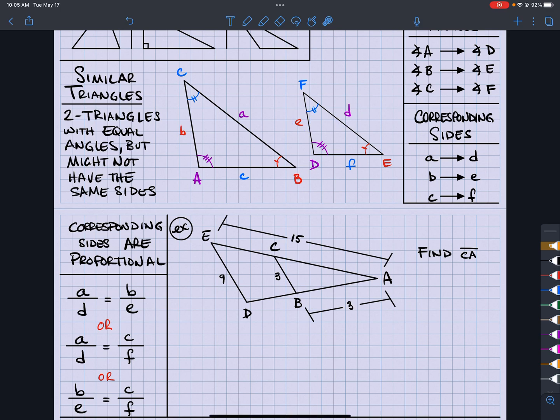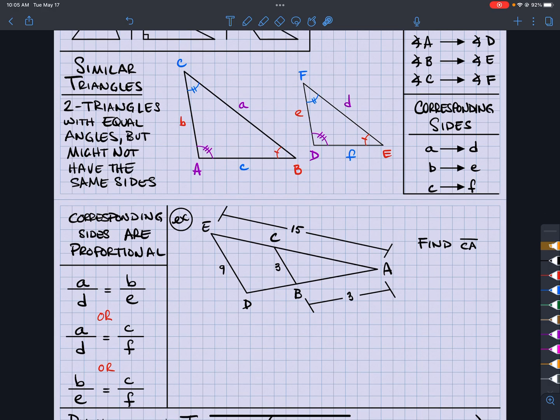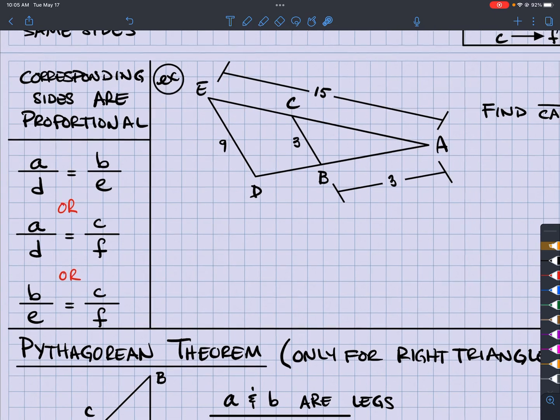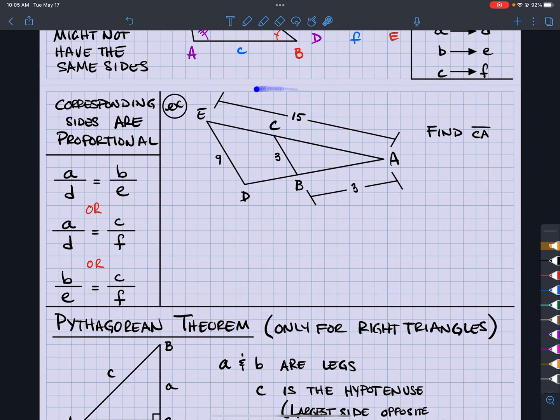Or you can say the ratio of D to A is the same ratio as E to B. The ratio of D to A is the same as F to C. So I put down the proportions right here for you.